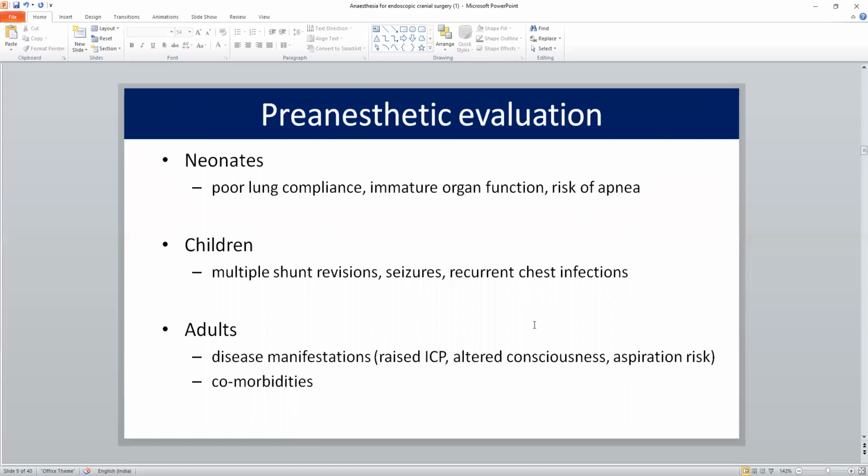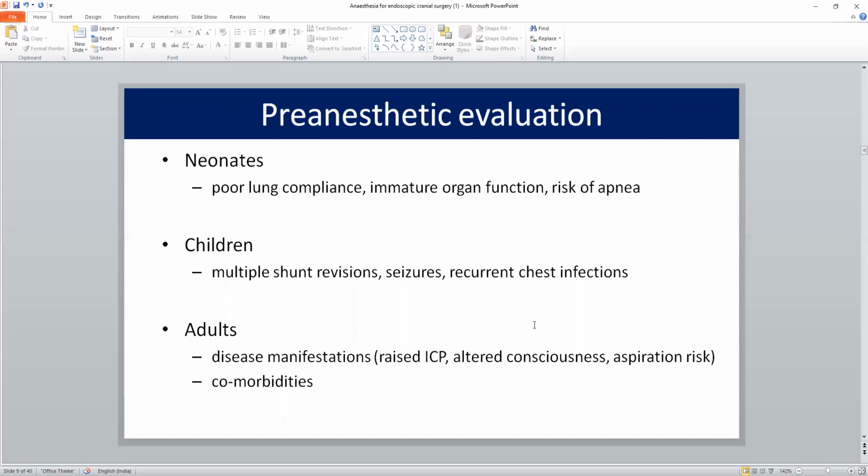Now, coming to the preanesthetic evaluation, remember that patients coming for ETV can present as early as in the neonatal period and also in adults. In neonates, the physiological problems that accompany should be considered, that is poor lung compliance, immature organ function, and risk of postoperative apnea. In children, these patients would generally undergo multiple shunt revisions, can have seizures, and present recurrent chest infections.